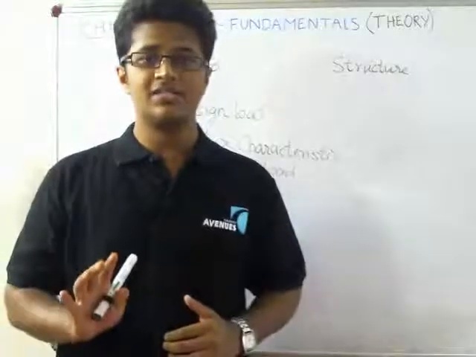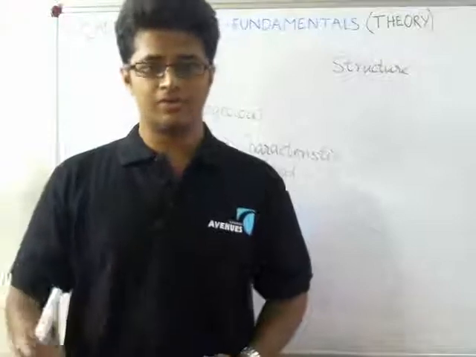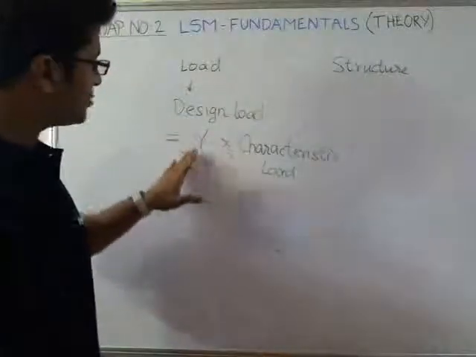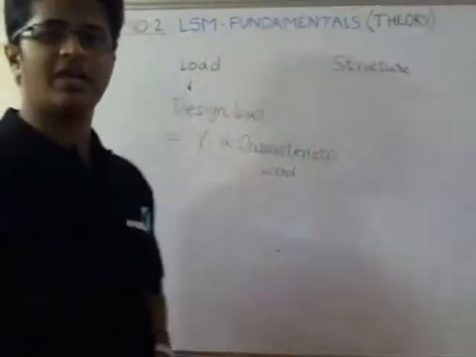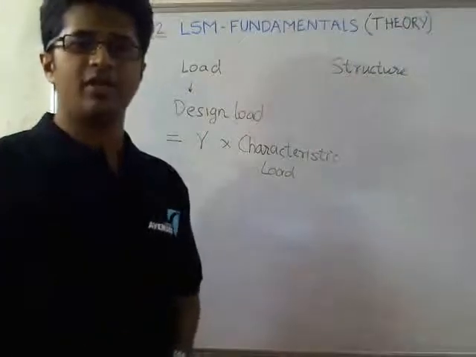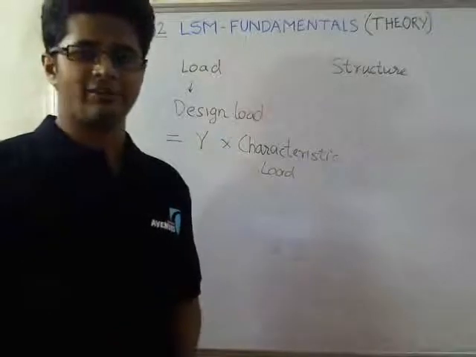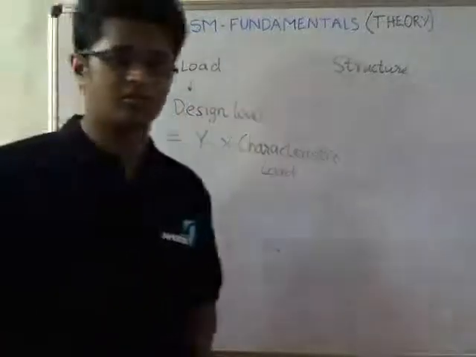Only 5% chance in the entire life of the structure is that that value would be exceeded. So that is characteristic load. And once we multiply that with a partial safety factor, we obtain a higher value, which is far less probable to be surpassed in the entire life of the structure. So this is what is meant by characteristic load.